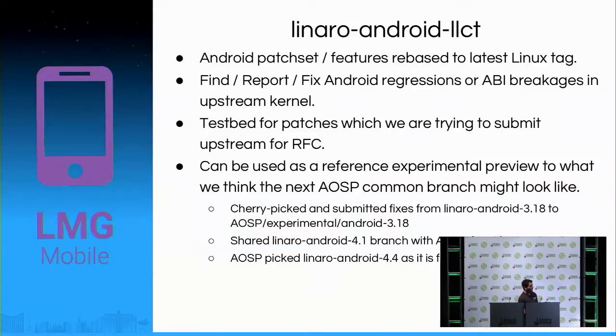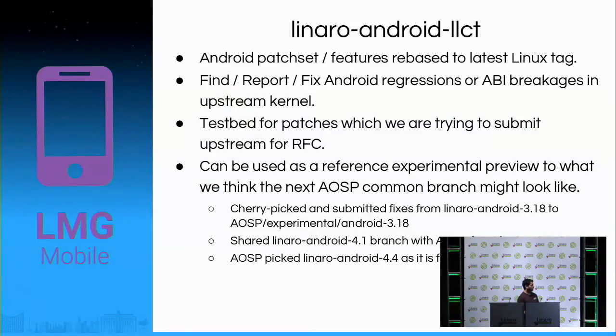So when we were on the linaro-android 3.18 tag, and Android came up with the AOSP 3.18 experimental kernel, we pushed out whatever patches we had, all the fixes, and they got accepted there. Same thing happened in the case of 4.1. We sent them our tree, saying this is what we have, and once you plan to move to 4.1, you might want to take it as a reference, and it helped there.